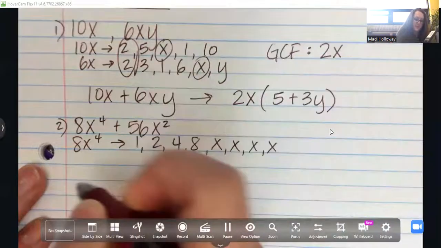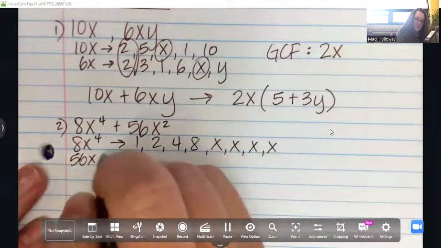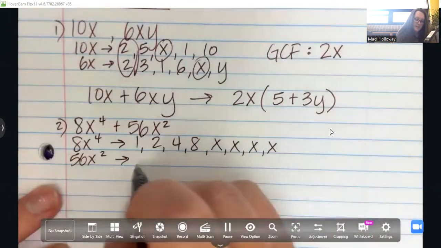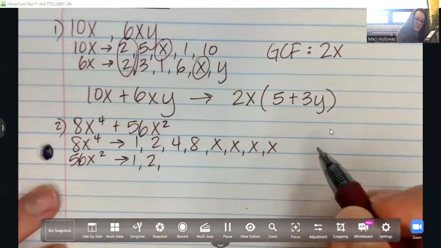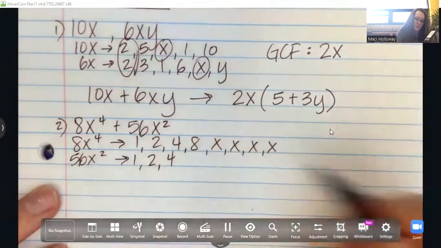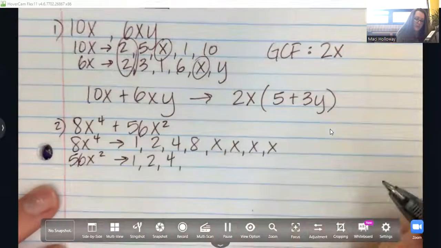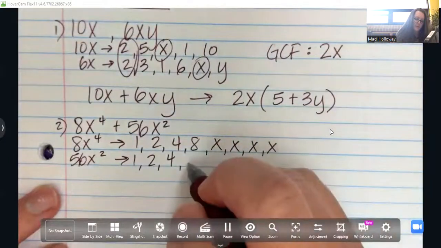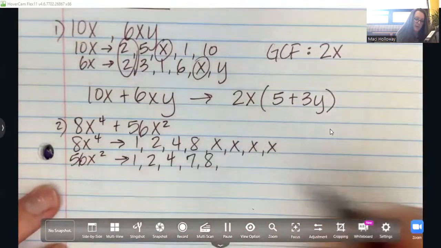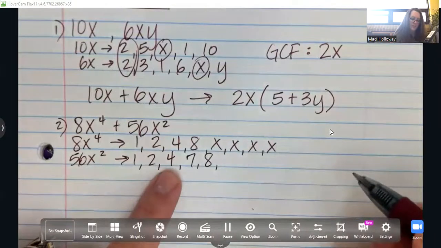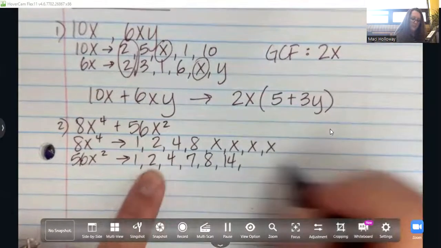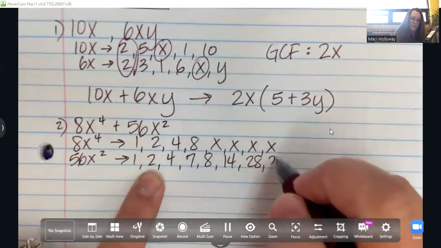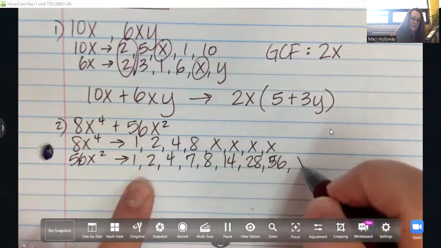And then my 56x to the 2nd is going to be 1, 2, holy cow. Does 3 go into 56? No. Does 4? I think so. Yeah. 5 doesn't, 6 doesn't, 7 does, 8 does. How many times does 4 go in? 14. And then 2 goes in 28, and 1 in 56. And then you have 2 x's.